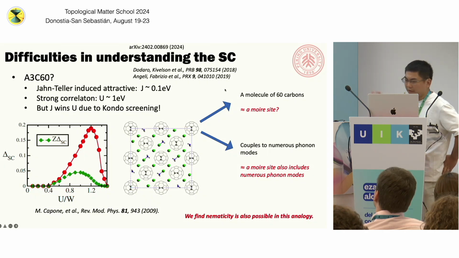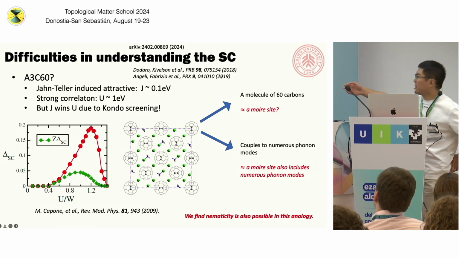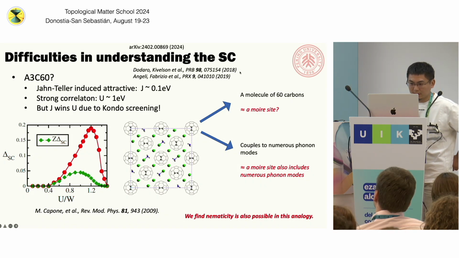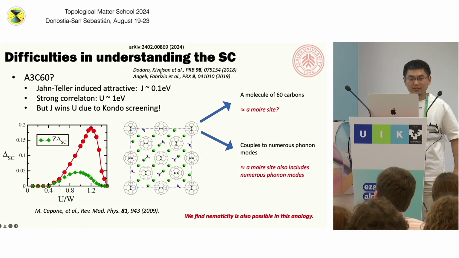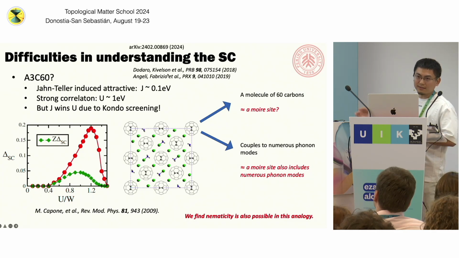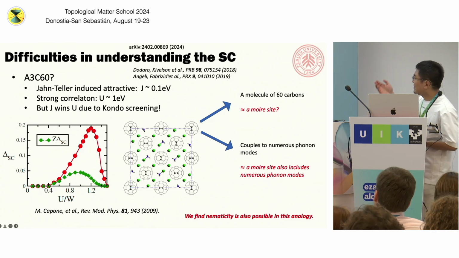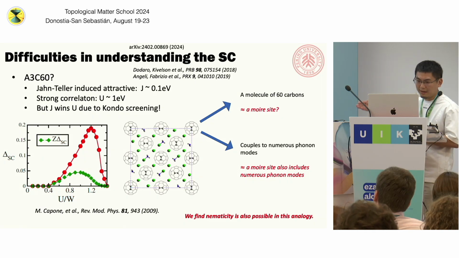After we did all the calculations, we found that some others had already pointed this out a few years ago. For example, in 2018, Wilson and his collaborators wrote in their paper that the pairing mechanism in twisted bilayer might be similar to that in fullerides.